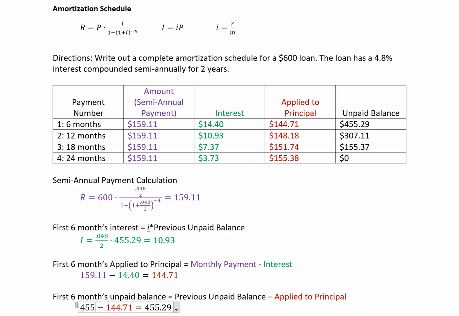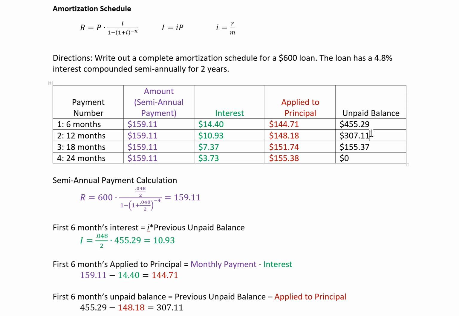It was $455.29. And now I am taking off $148.18, which means that my new balance is $307.11. So after we have made 2 payments, the unpaid balance is $307.11.